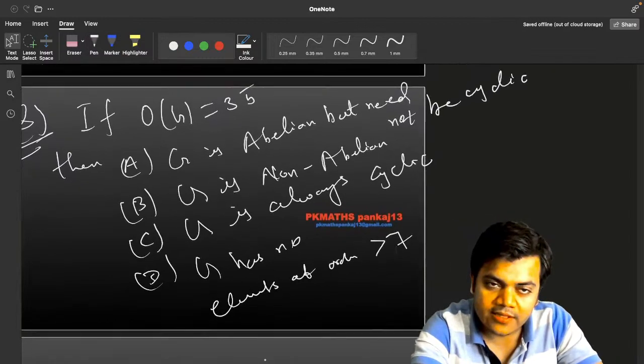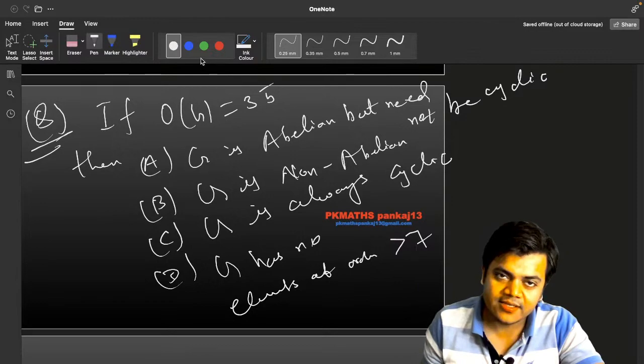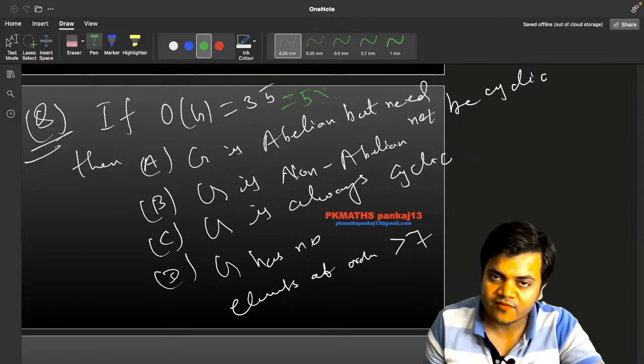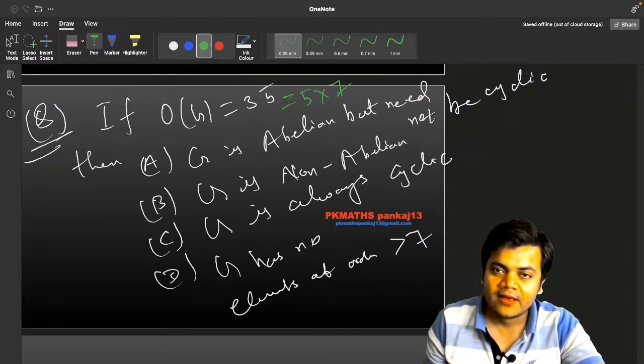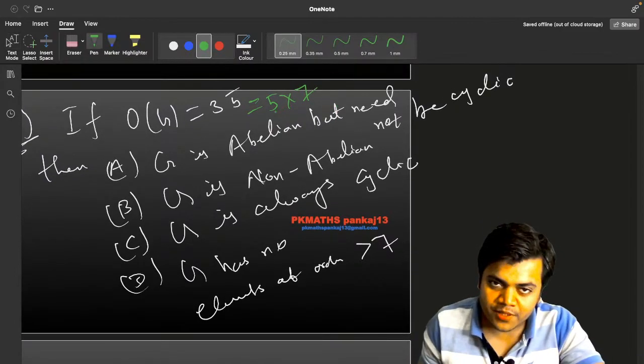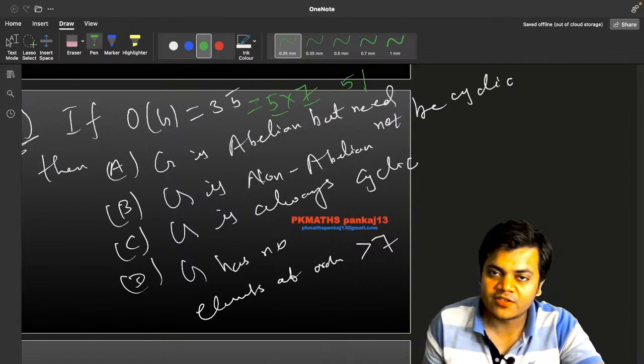So 4 options are over here, and once again you can see that the order of the group G is 35. This 35 can be written as 5 into 7. So here p is 5, q is 7, and certainly this 5 is not going to divide 7 minus 1.